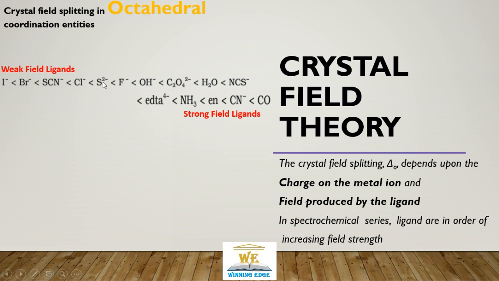Oxalate is a better ligand than these, water still better than oxalate. Then we have isothiocyanide, EDTA, amine, ethylenediamine, cyanide, carbonyl. So these are the strongest field ligands, and these are the weak field ligands.